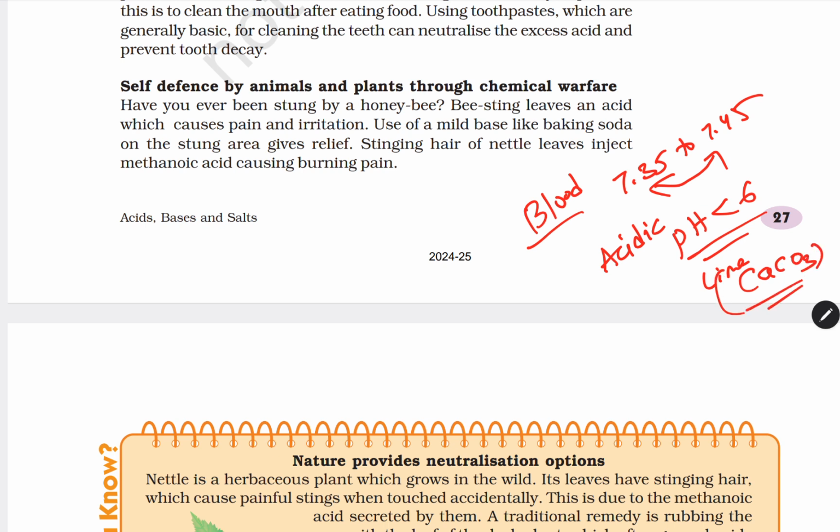CaCO3 you have to add to the soil, then it becomes neutralized. For example, if pH is greater than 8, it becomes alkaline soil. You can treat it by using gypsum. Gypsum is nothing but CaSO4, calcium sulfate. So it is important for fertilizers and water used in irrigation.